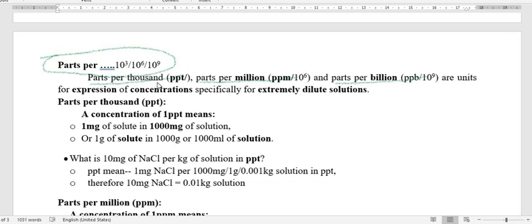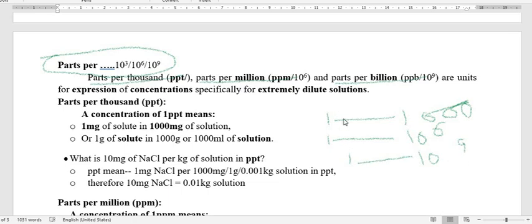When we say one in thousand, this is parts per thousand. When we talk about one part in 10 to the power 6, this is parts per million. When we talk about one part in 10 to the power 9, this is called parts per billion.